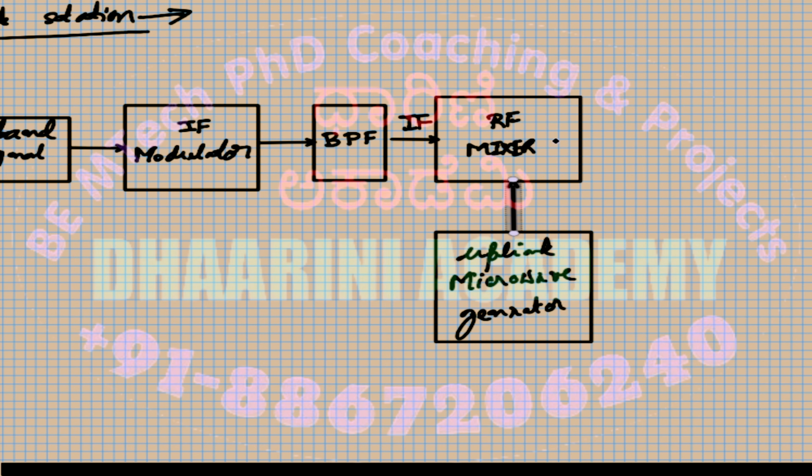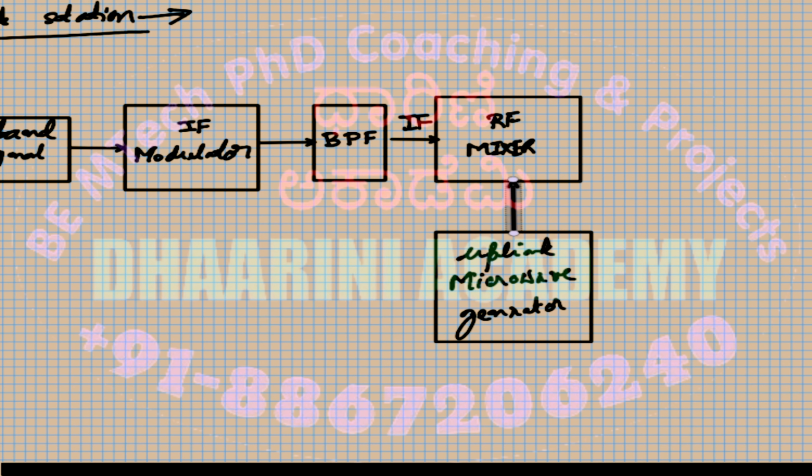With that we multiply. RF mixer will mix it. Since you are already in a mid range of frequency, maybe in the megahertz range, uplink with the microwave goes to the gigahertz range. You multiply by mega into giga, you get once again two or more bands.